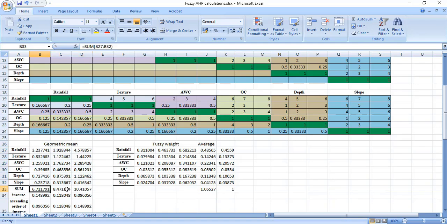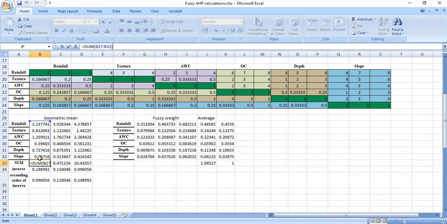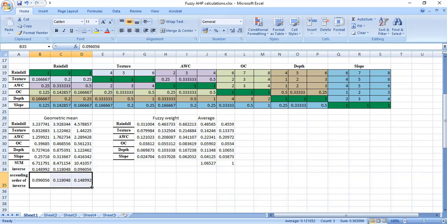Now we will sum it up, the sum of all these criteria for each cell: cell 1, cell 2 and cell 3. Now we have to invert it, meaning 1 by this sum. Similarly 1 by the sum of the geometric mean of the second cell, like this. Now we have to arrange it in ascending order.